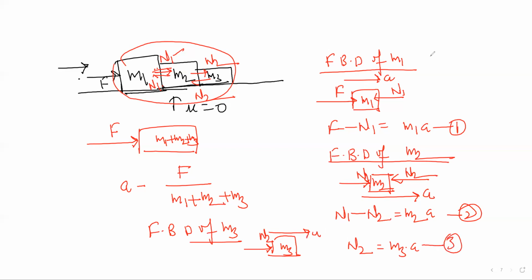What are your unknowns? Your unknowns are N1, N2, and A. So we have already found A, N1, N2, and A. So since you have 3 equations, first, second, and third, you can easily find out all these things.